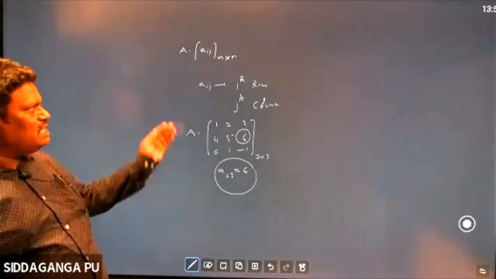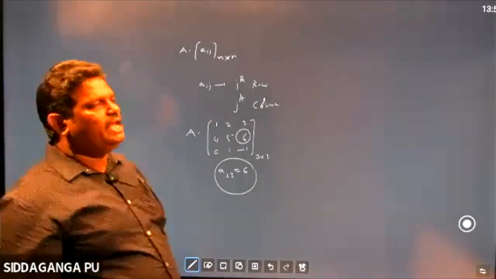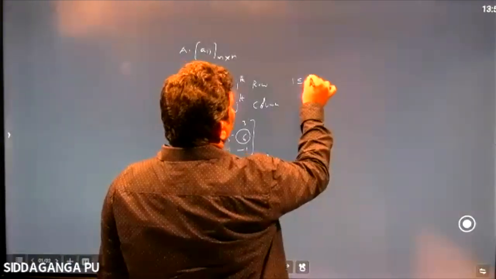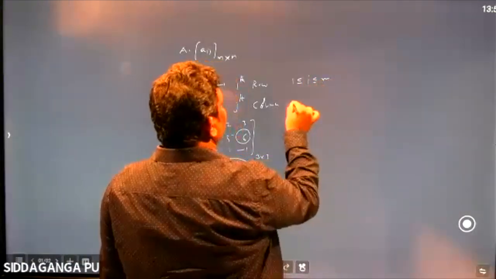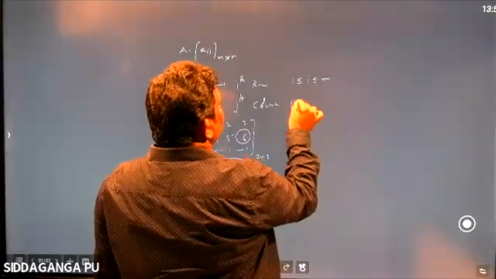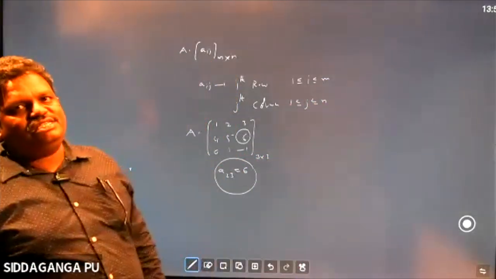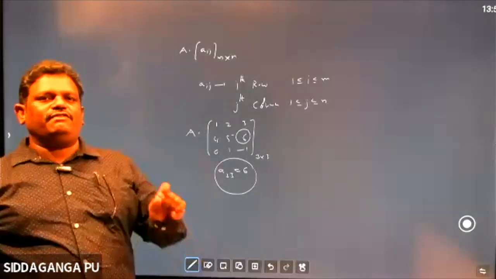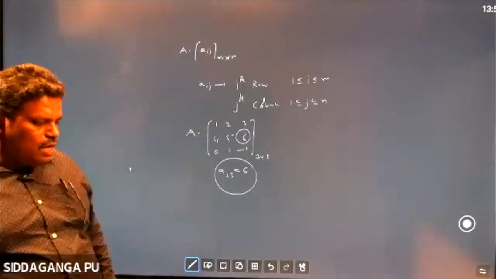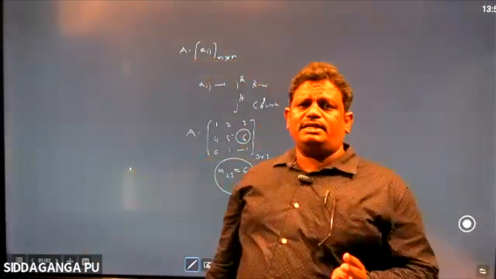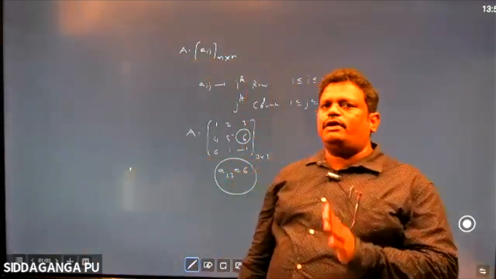Generally, for any matrix Aij, the ith row must lie between 1 is less than or equal to i is less than or equal to m, and j lies between 1 is less than or equal to j is less than or equal to n. This is the position of the element in the given matrix. Now we discuss two definitions: one is the matrix definition, another is the order of a matrix.